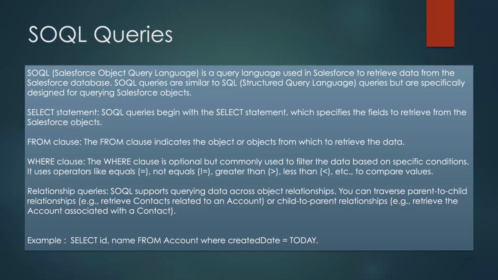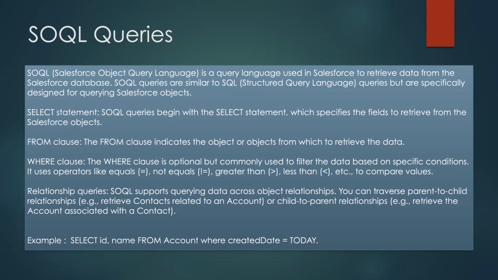Then from is also a mandatory clause in every SOQL query, by which you tell from which object you want to fetch the fields you have mentioned. Where is another clause, which is used to filter the data. Here I am filtering all the accounts which were created today. In simple language, this query says that we need to fetch all the accounts which were created today, and we need to fetch the Id and Name fields from those accounts.